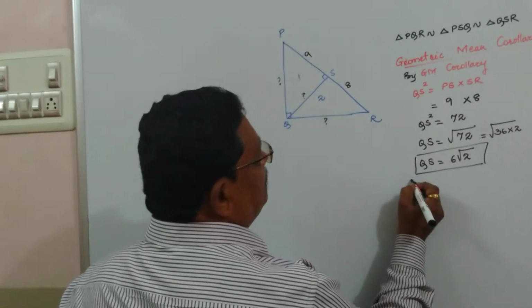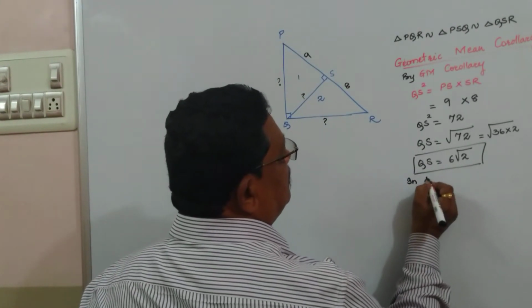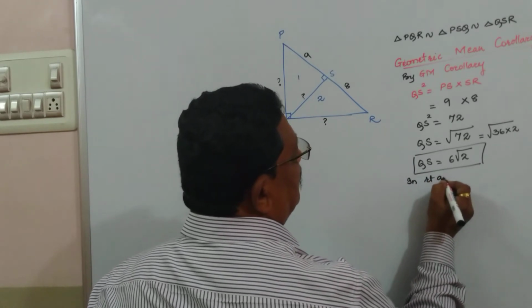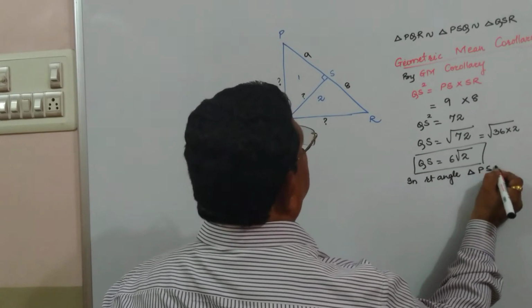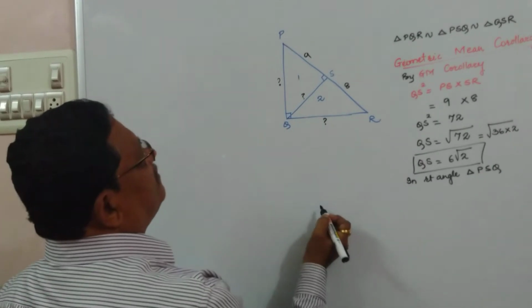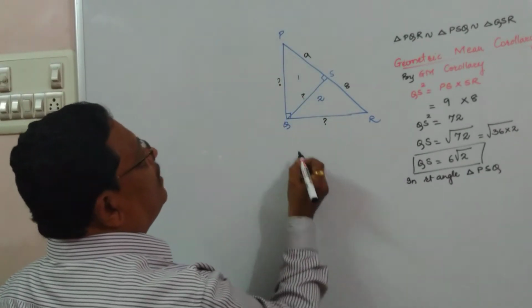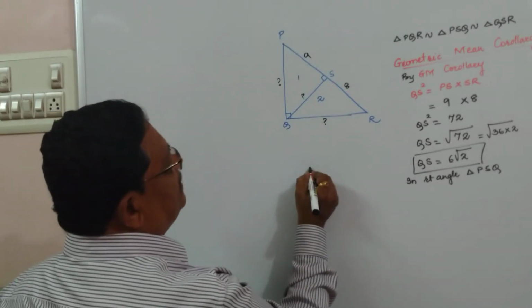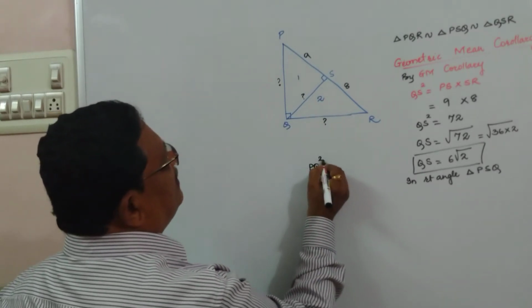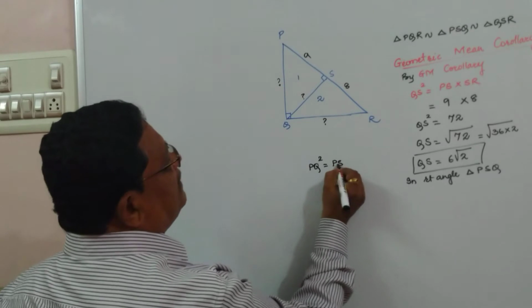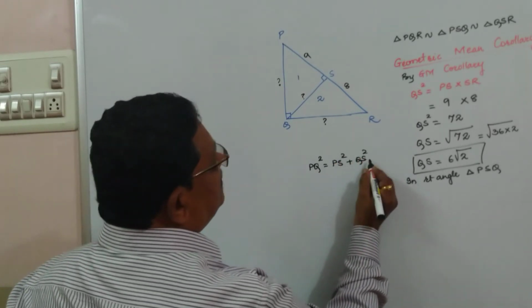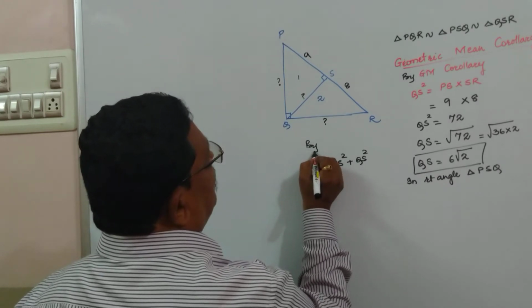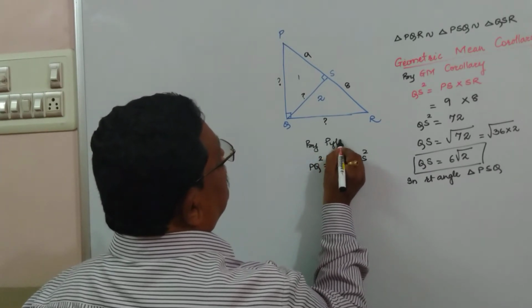In right angle triangle PSQ, PQ is the hypotenuse, hence PQ square will be equal to PS square plus QS square. This I get by Pythagoras theorem.